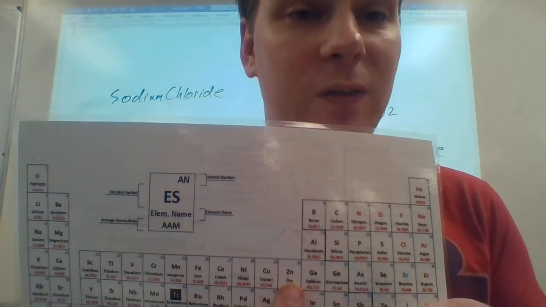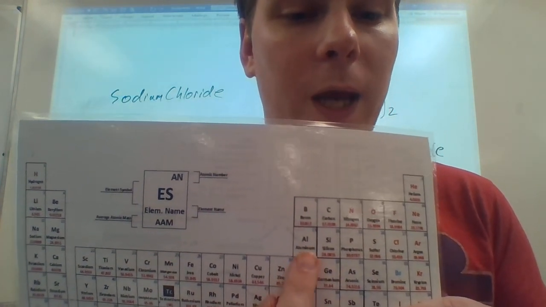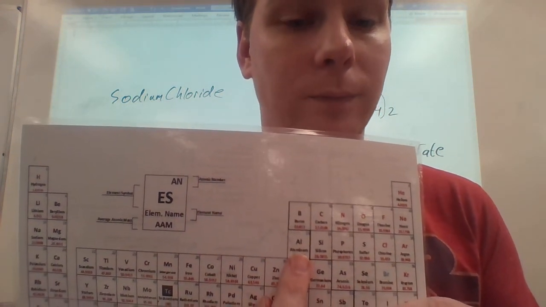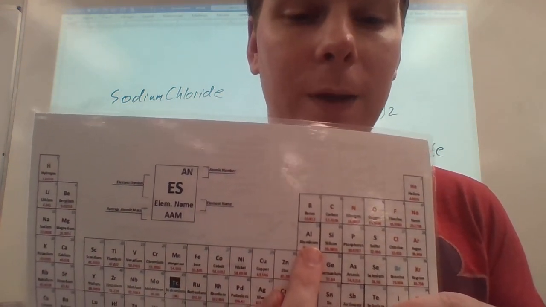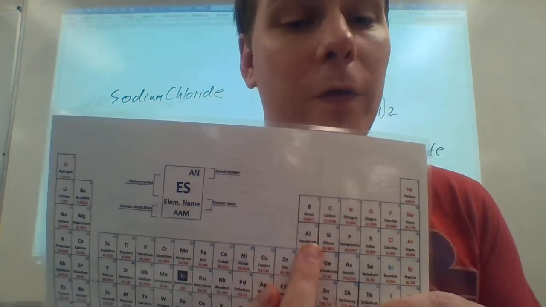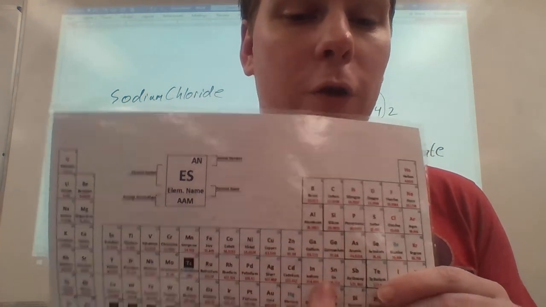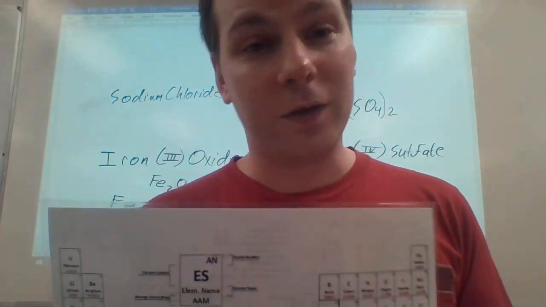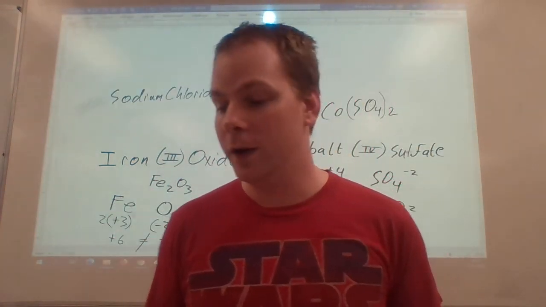Zinc is always a +2. And aluminum is always a +3. Okay? So 3, 2, 1, or 1, 2, 3. They are also in groups 13, 12, and 11. So that is something that helps some people keep them straight.